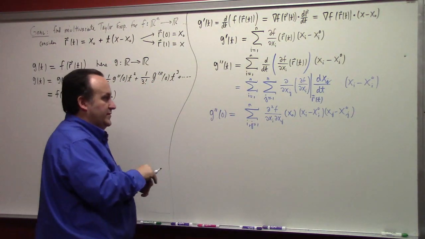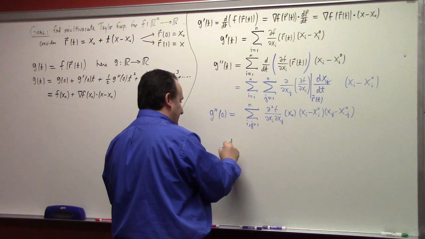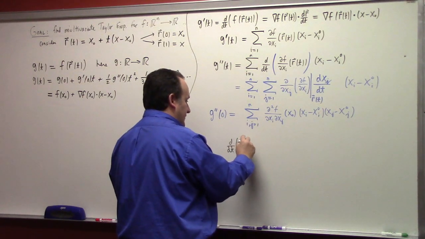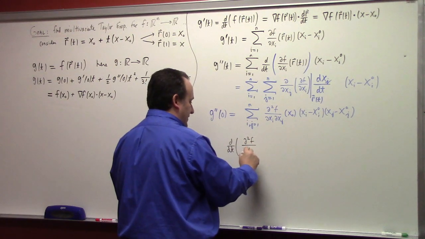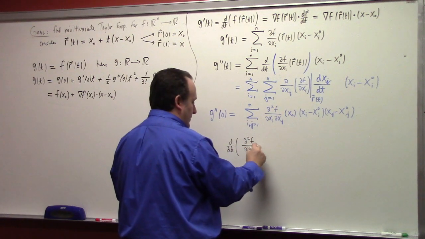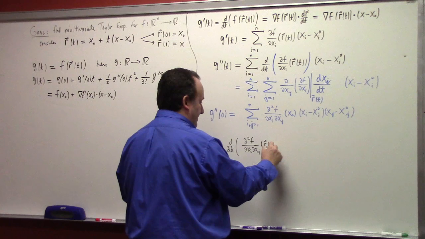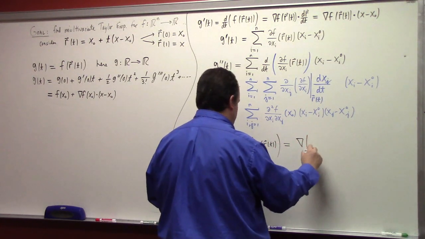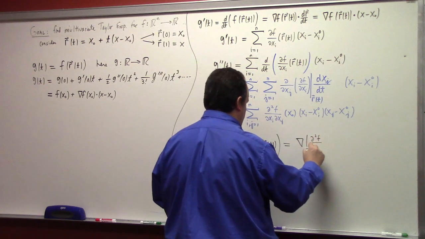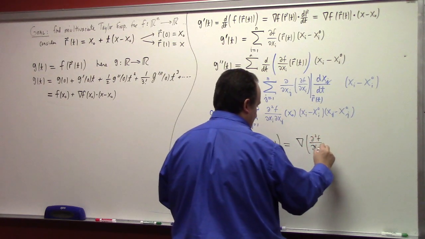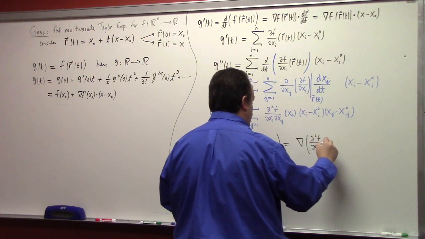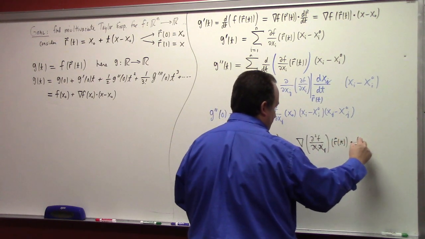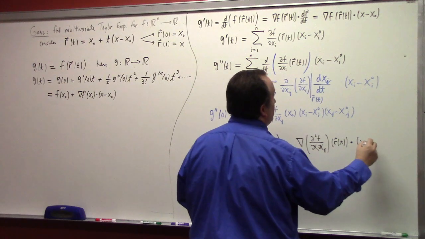The next calculation up, we'd have d/dt of partial squared f, partial x_i, partial x_j at r of t, and that will end up giving us the gradient of this thing at r of t, dotted with, again, x minus x naught.